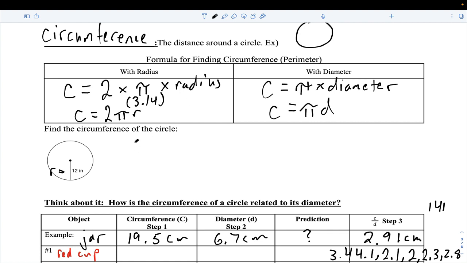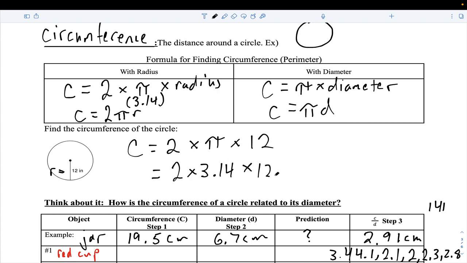On that problem, put C equals 2 times pi times 12. What's the number that we use for pi again? We just found it and we're only going to use 3 digits, not the first 100. Good. In your calculators, plug in 2 times 3.14, then hit times 12.